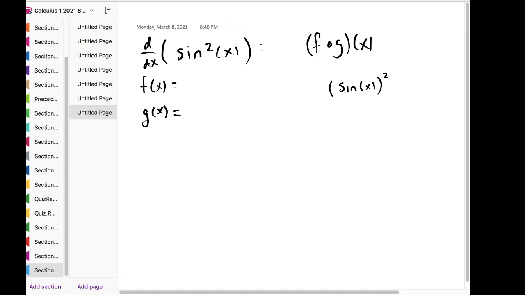Good, yeah, it's x squared and sine x. Which is which? Right, good. It's good to remember that x squared is a function. When you square something, you're actually doing a function.